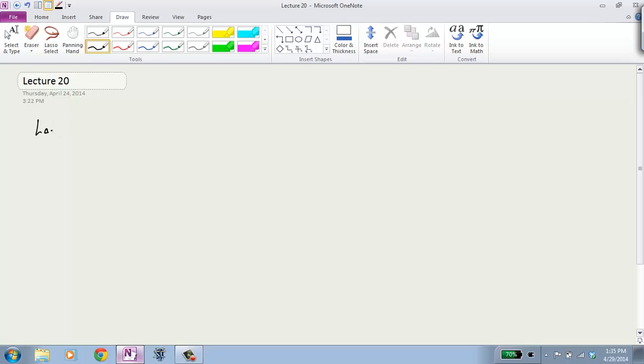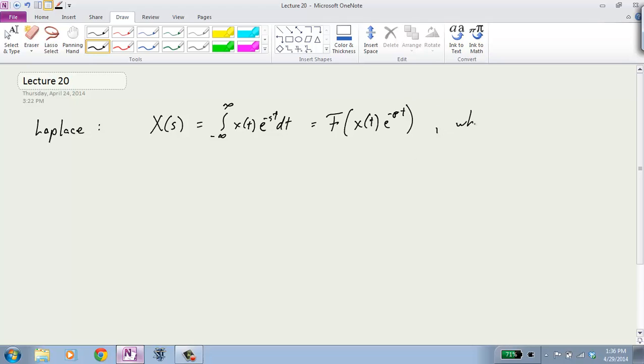Let's go back to the Laplace transform here and realize that we said that X of s is defined by this integral, but we also said that that's the same as the Fourier transform of x of t times e to the minus sigma t, where sigma is the real part of s.